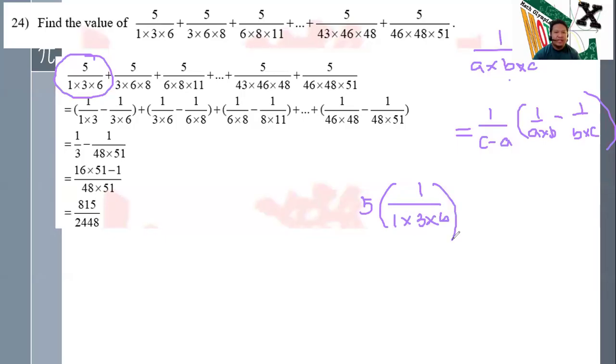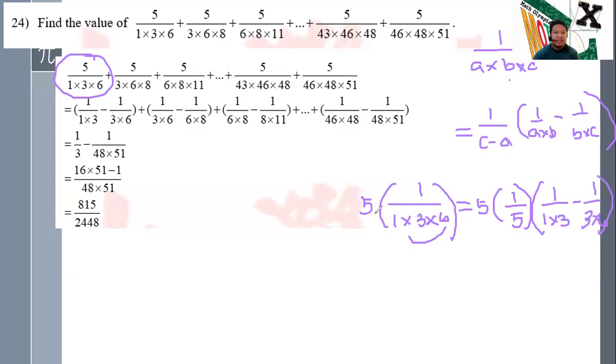We'll have 5 times 1 over 6 minus 1, the difference between the highest and the smallest. So that's 1 times 1/5, which becomes 1 times 1 over 1 times 3, the first numbers AB, minus 1 over 3 times 6.